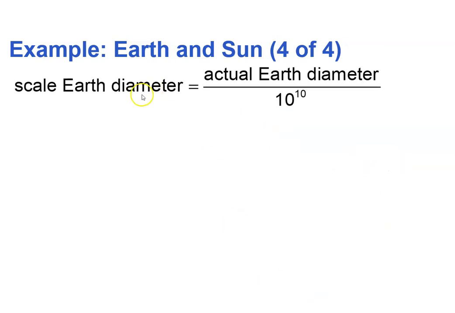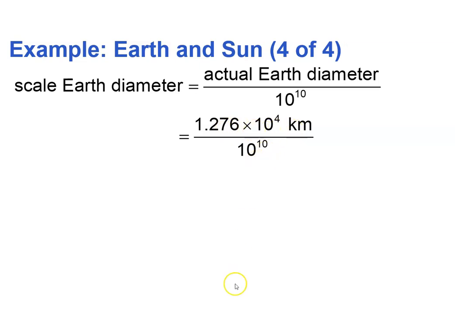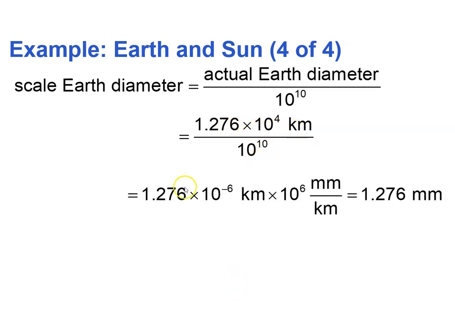The scale Earth diameter is equal to the actual Earth diameter divided by 10 to the 10th power. So we've got the actual Earth diameter of 1.276 times 10 to the 4th kilometers divided by 10 to the 10th power. Okay, and now we're going from millimeters to kilometers.